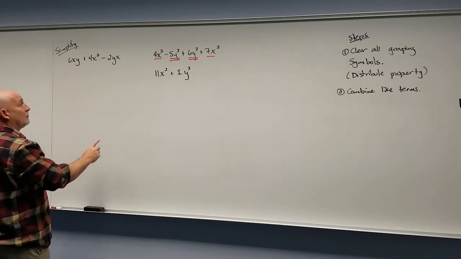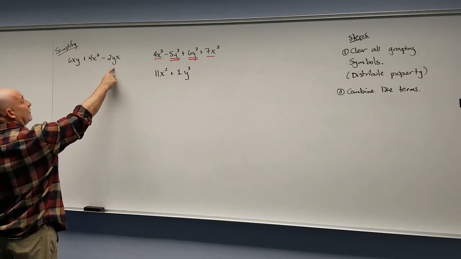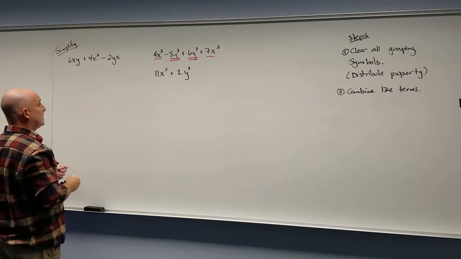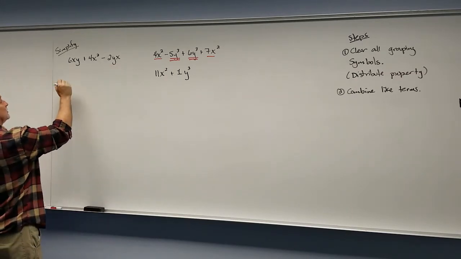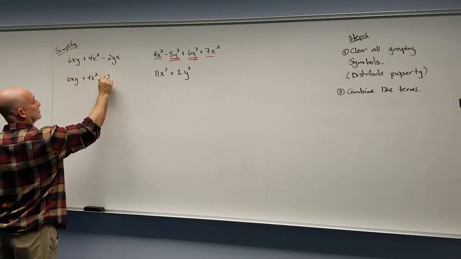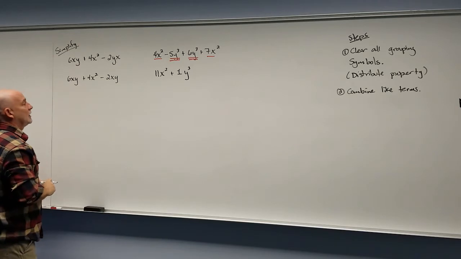If we look at it, however, this last thing has an x and a y also, but they're in the wrong order. However, we've seen, since that's multiplication, we can multiply in any order that we want. So I can actually change that to an xy.